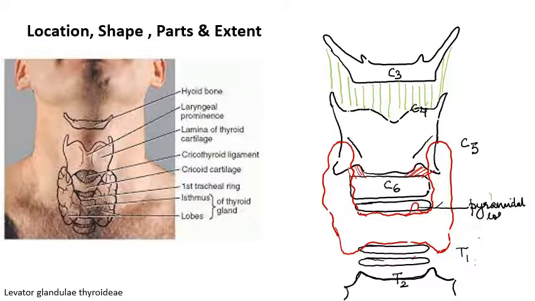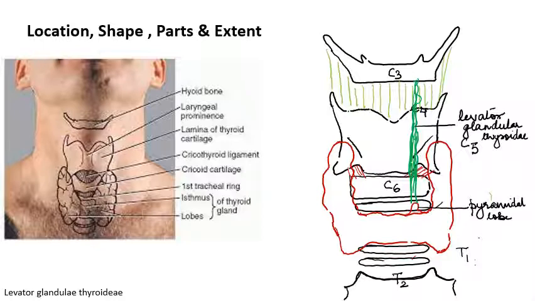And extending from the left side of the thyroid gland towards the body of the hyoid bone, there may be a fibromuscular structure in some individuals, not in all. A fibromuscular structure which is known as levator glandulae thyroideae.